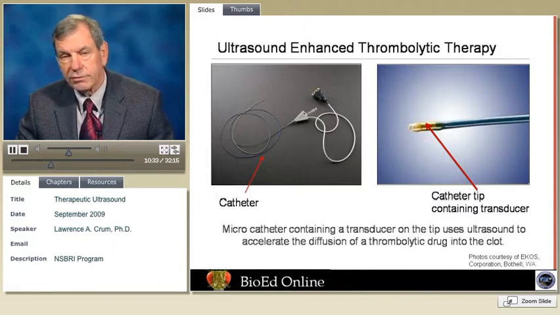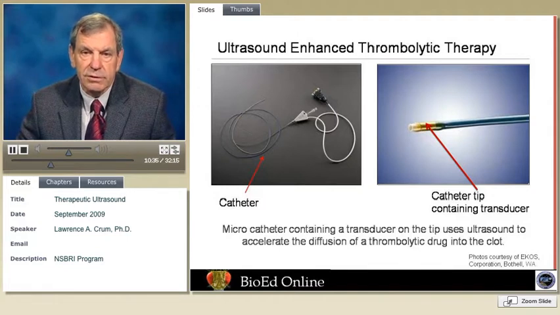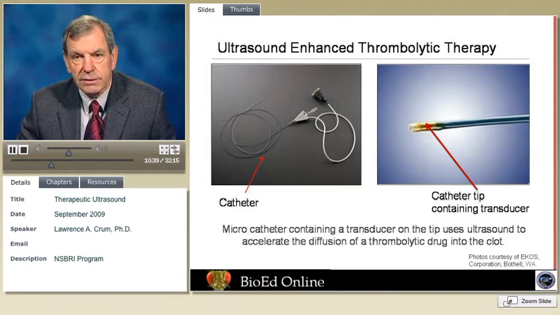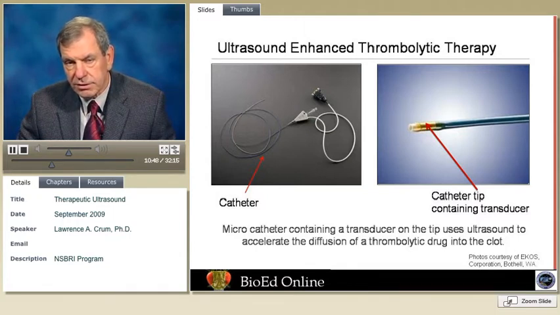You might go in through the carotid artery or another artery, perhaps even the femoral artery, reach the occlusion in the brain, and then supply to that particular clot a thrombolytic drug, that is, a drug that would dissolve the clot.